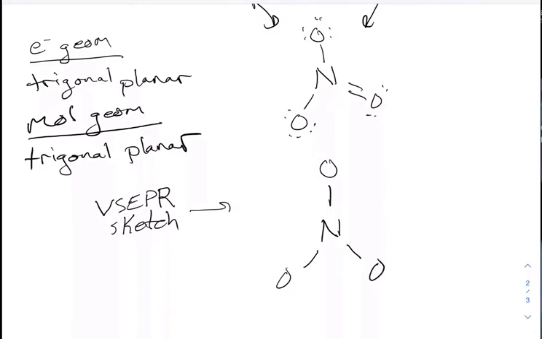Again, if you want to add the double bonds, the lone pairs and the outer atoms, you can. For a VSEPR sketch, I don't think that's necessary, simply because all we really want to see is that 3-dimensional shape.